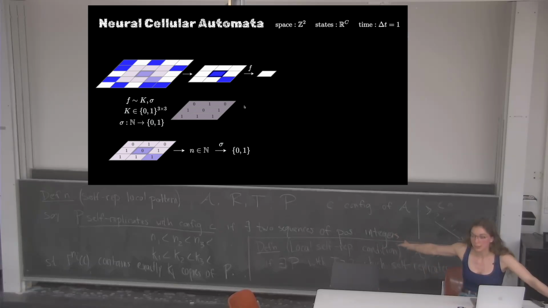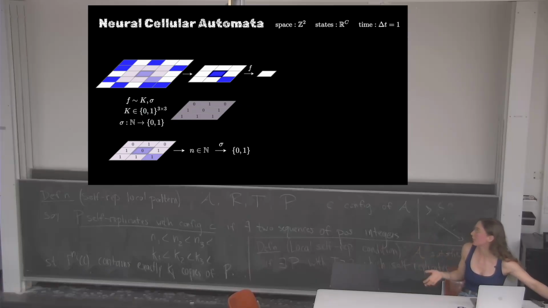This is just a discrete cellular automaton where I represent the local rule in a very particular way, that is by some matrix multiplication with this kernel and then taking that outcome and sending it through some nonlinearity.